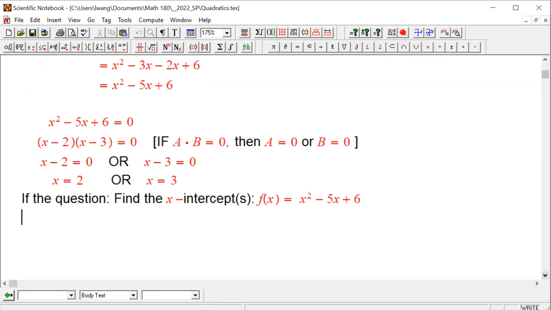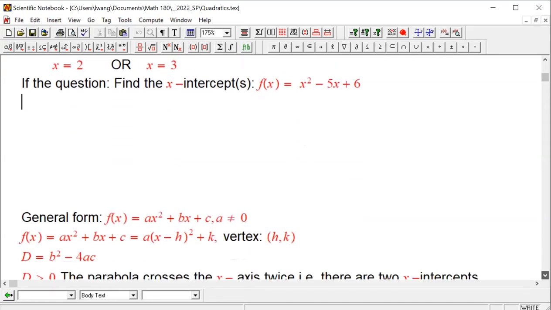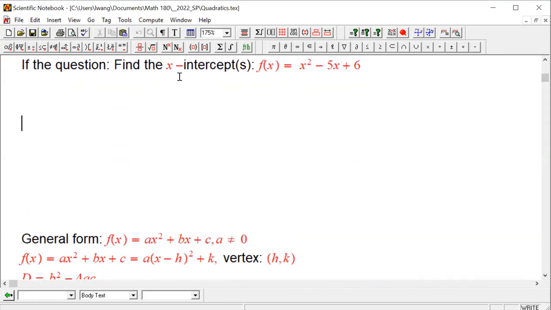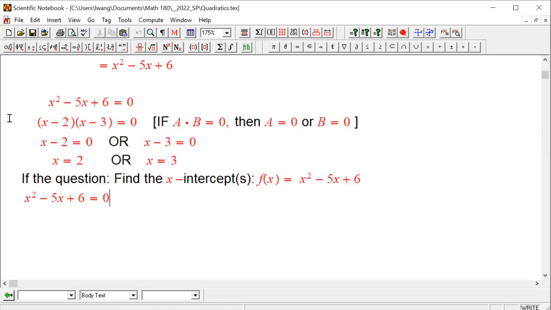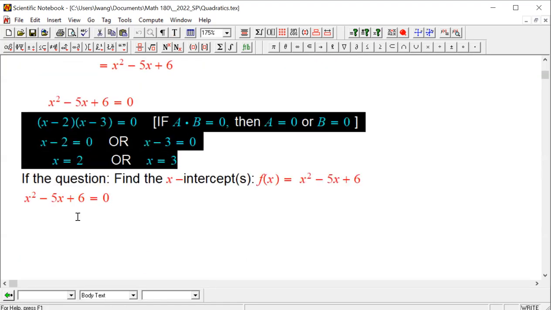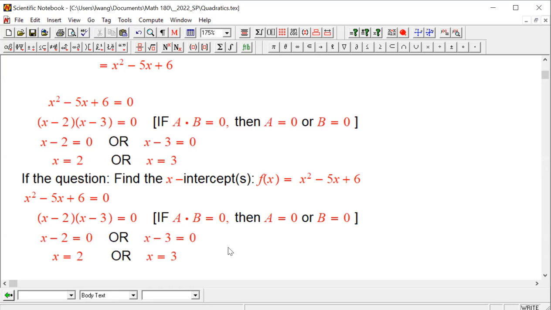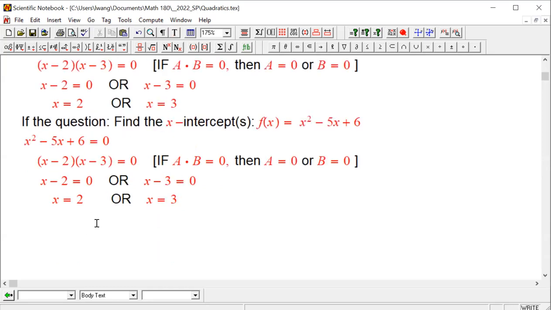If the question is asking you to find X-intercepts, then you have to go a little further. You would say, okay, to find the X-intercept, you're gonna set this equal to 0. You probably tell the reader, set it equal to 0, and you find the solution, and then you have to answer.